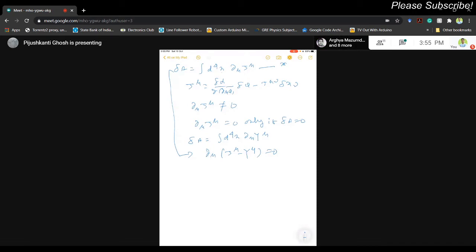Basically, I have to do one more step. If you have difficulty, d4x del mu of J mu minus y mu is equal to 0. Note that if it has to be 0, this is a volume element. There is no point in writing that this volume element is equal to 0. So del mu of J mu minus y mu is equal to 0.